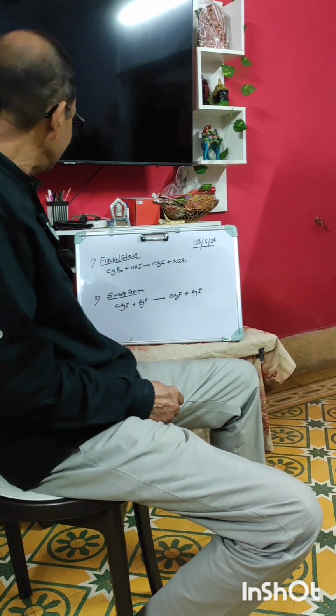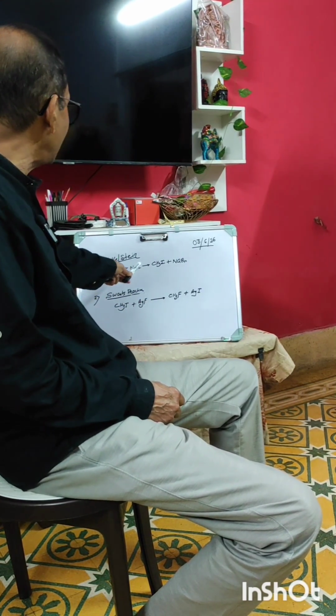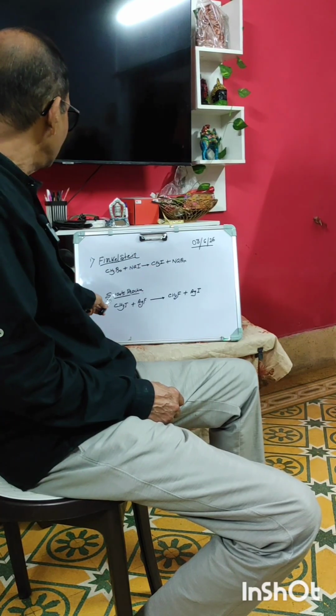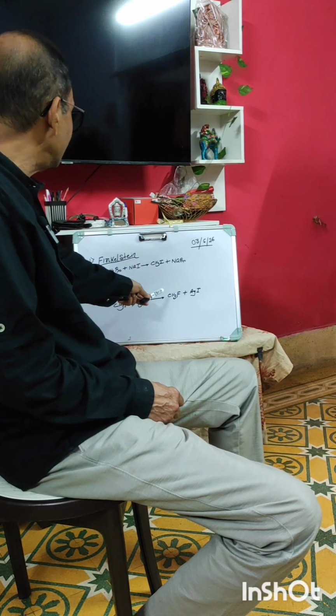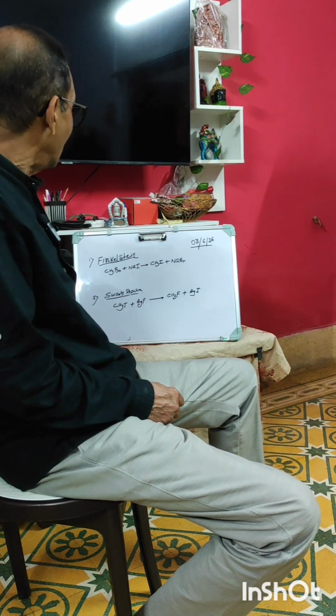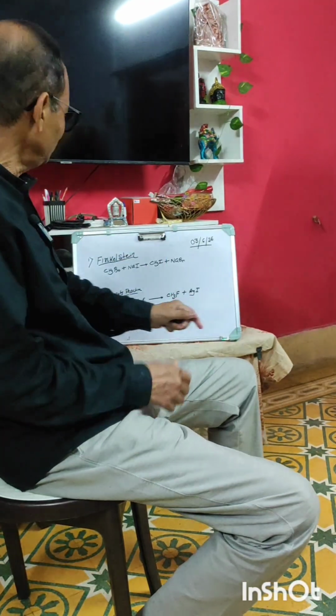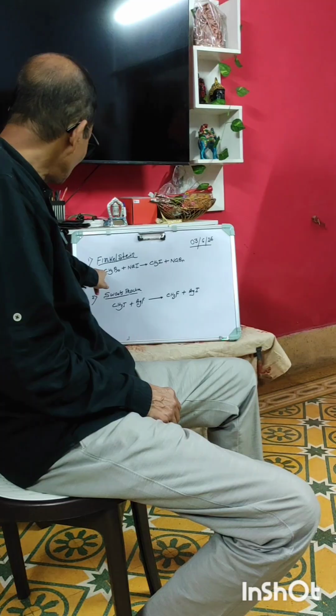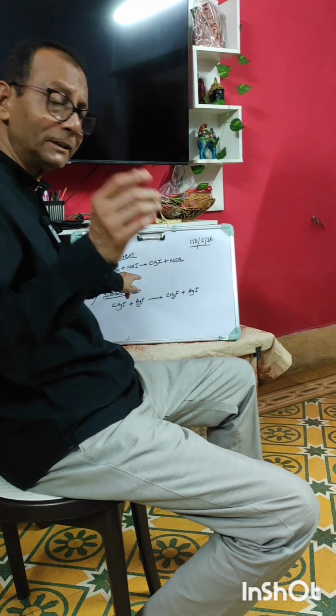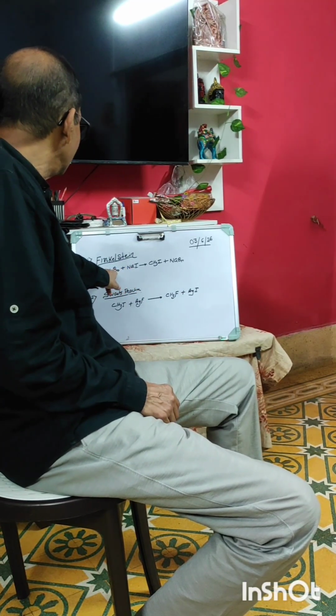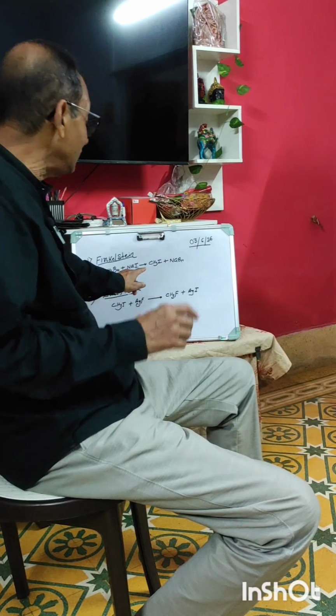Here is the reaction: CH3Br plus sodium iodide gives CH3I plus NaBr, and CH3I plus AgF gives CH3F plus AgI. The only thing is to follow the principle. Sodium is weaker, electropositive. Bromine is stronger than iodine, electronegative.